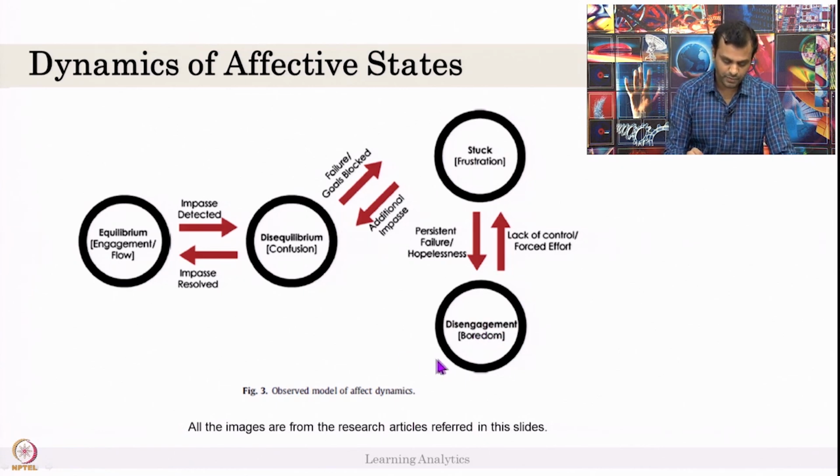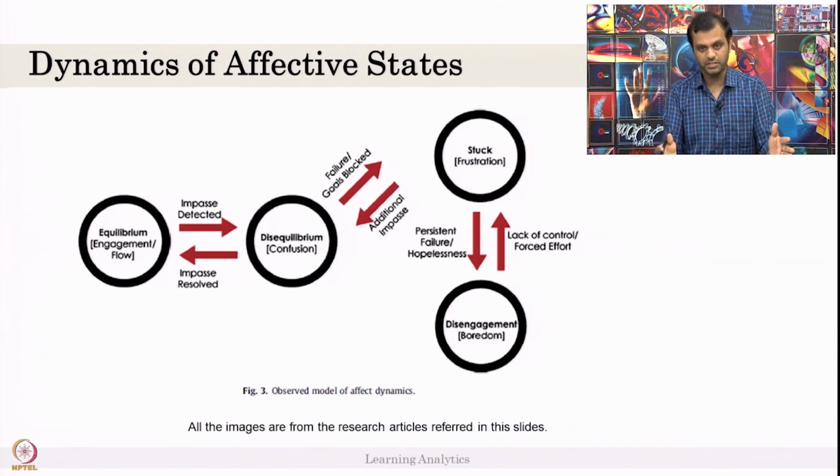There might be a transition from boredom to confusion or boredom to engagement, but it is not significant. That is what this picture says: wherever a significant transition was observed across all the students is shown here, but it is not that there will be no transition from boredom to confusion, there might be a transition.